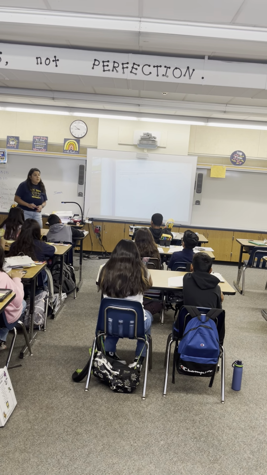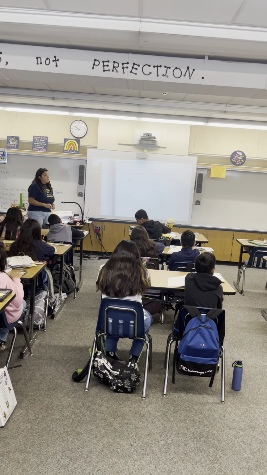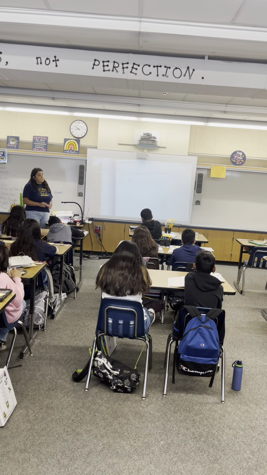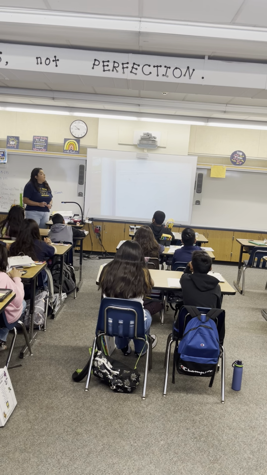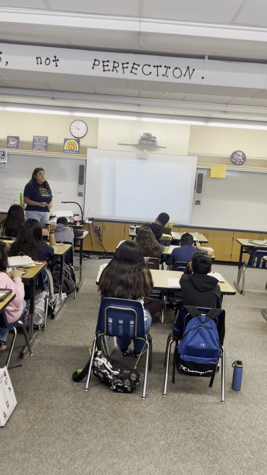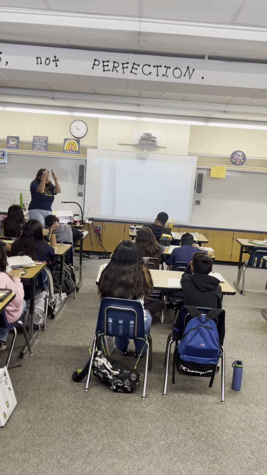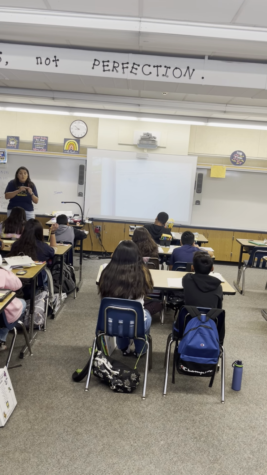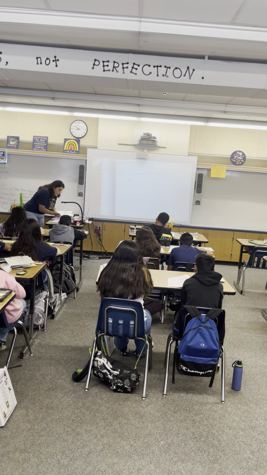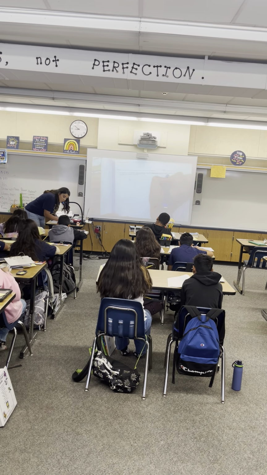What else? Crystal. Simplify. What does that mean, Crystal? Say it again. Yes, to make it the smallest form of the unit, right? What else stands out to you, Leanna? So we're gonna do a rectangle fraction model, yes.